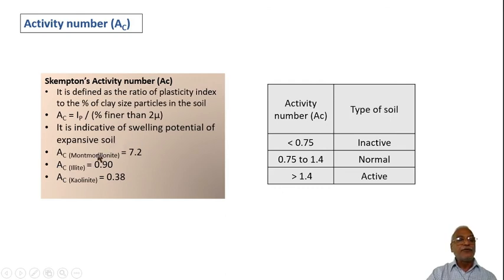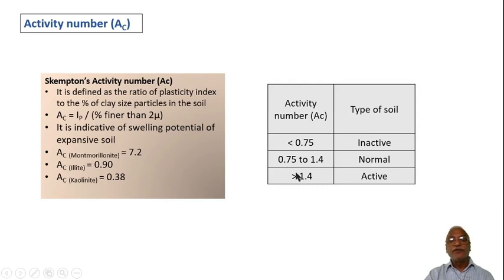Now how do you make out from these numbers what it means? Here there is a chart. Activity number less than 0.75, it is inactive, means it is good quality soil, we can say, right? If the value is between 0.75 and 1.4, it's normal, it's okay.